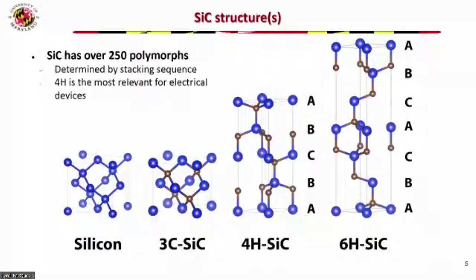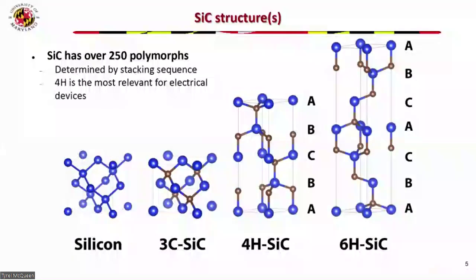But first, I'll mention a little bit about silicon carbide. There are over 250 different polymorphs of silicon carbide. Here, this is the structure of silicon, which is a cubic structure. This is cubic silicon carbide that is called 3C. It's very similar to silicon, but half of the atoms are replaced by carbon, and it still forms what is called a zinc blende structure.